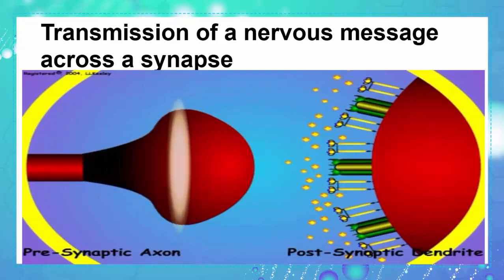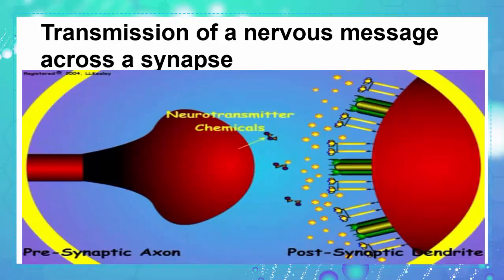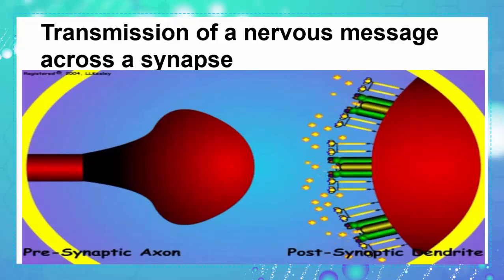After the arrival of the action potential from the presynaptic axon, neurotransmitters are released in the synaptic gap. Then they bind to their specific receptors on the postsynaptic dendrite. After their binding, the sodium channels open.